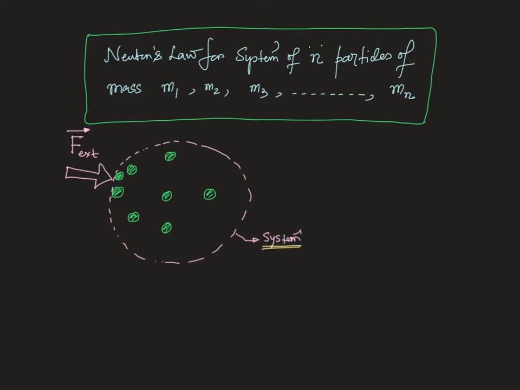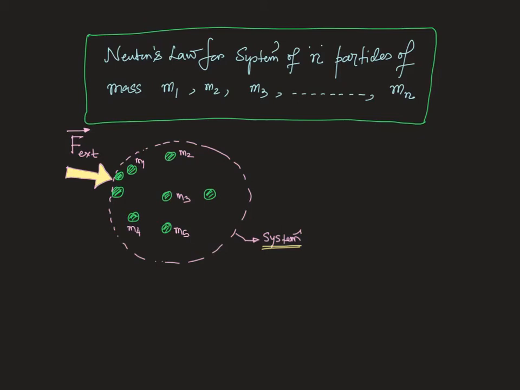So suppose this is m1, this is m2, this is m3, m4, m5, like this up to n particles. Now there is an external force acting on the system, say this is the external force Fext. This may be a contact force like pushing or pulling, or a non-contact force like gravity.